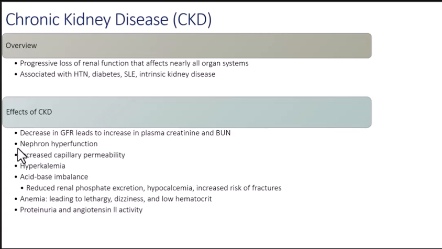And so what we see with these nephrons is hyperfunction in terms of their filtration abilities, their secretion and reabsorption abilities. Now, this compensation, of course, would be seen more earlier on in chronic kidney disease.